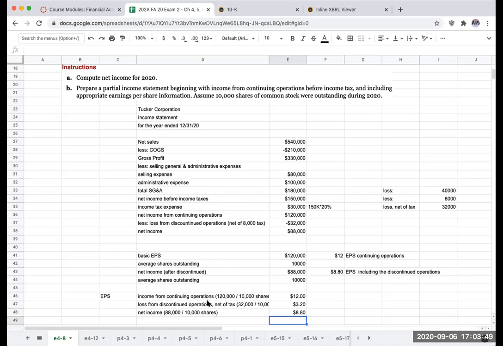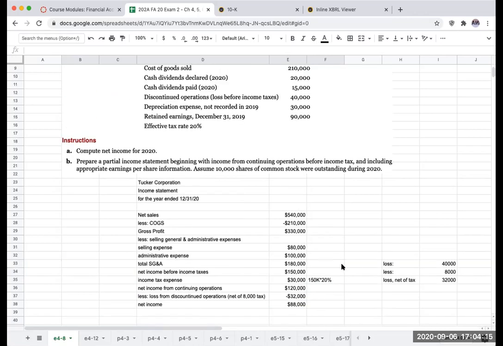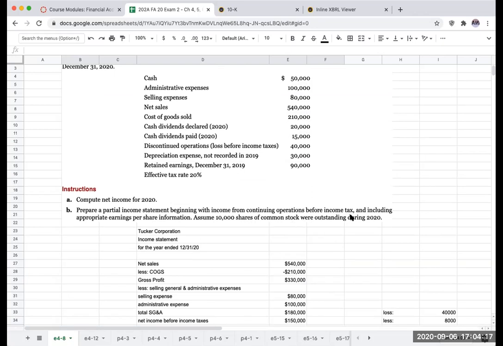I'm just showing this to you to get acquainted with this. As you're looking through here, one of the more challenging concepts in intermediate accounting is the concept of fully diluted earnings per share, as well as even basic earnings per share. And why is that? Well, the question tells us that 10,000 shares of common stock were outstanding during 2020.